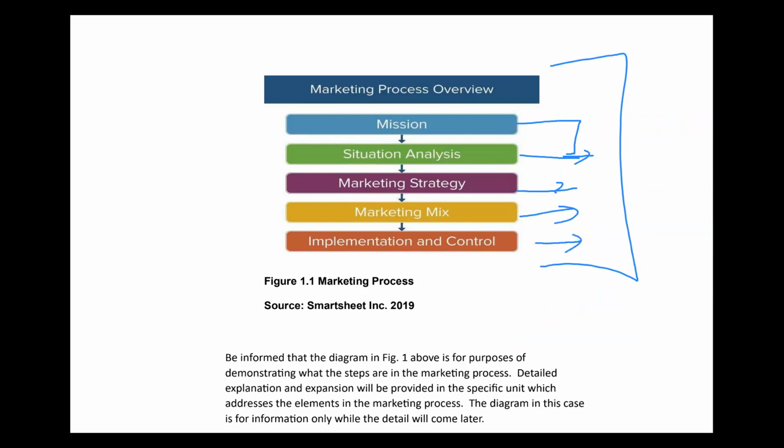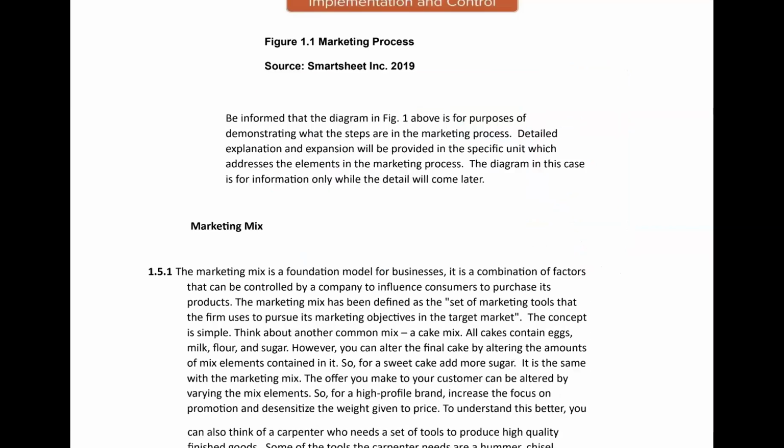Now, when you look at these 5 processes, we are going to talk about them in each unit. There is a specific unit for each of them that we're going to look at as we start looking at business sales and marketing. So for today, we'll not really dive into detail of these because there are specific units designated for the same.